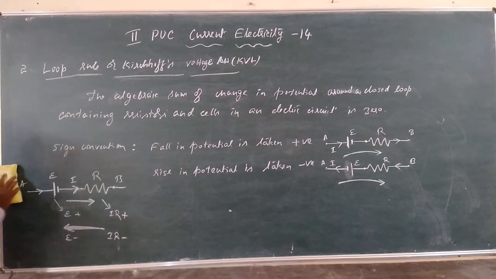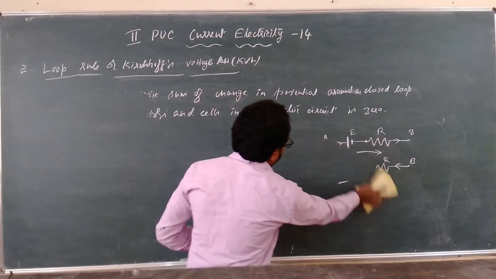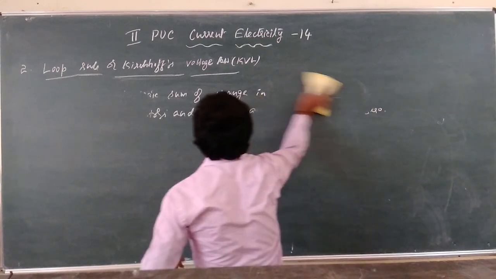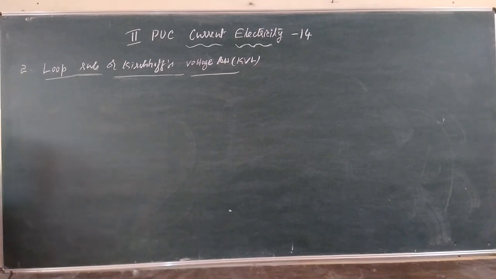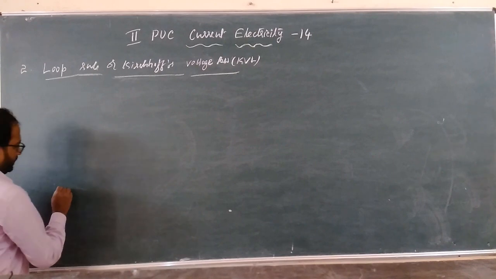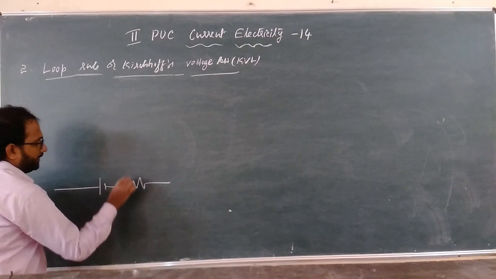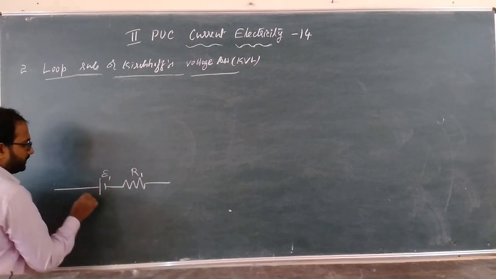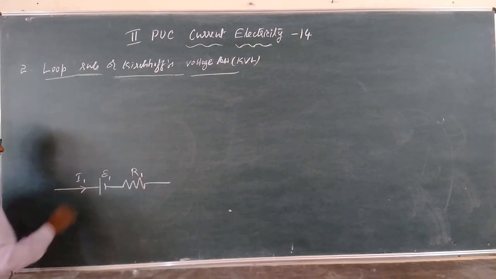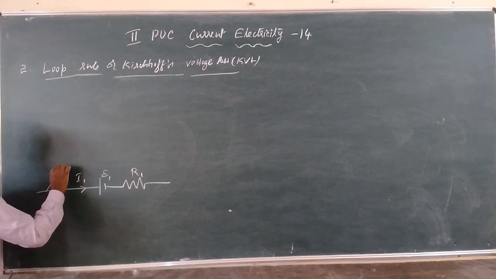We consider a loop, a part of an electric circuit. We have a cell of EMF E1 and a resistor R1. This is the direction of current, in a part of an electrical network.